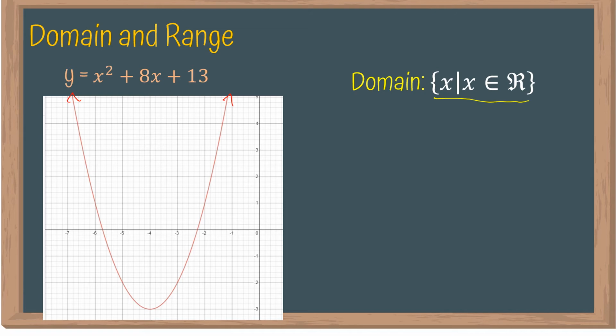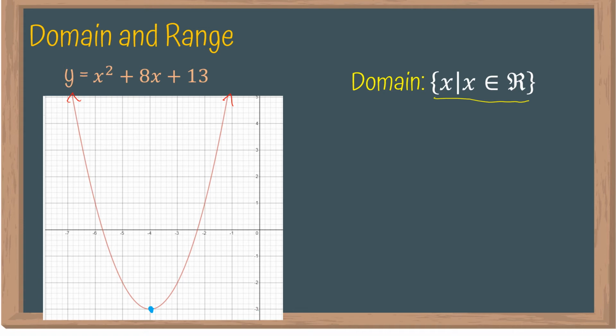Let's check it graphically. So with this one, this is a parabola that opens upward, and we can see that if the parabola opens upward, it will have a minimum point. So the minimum point is the turning point of the parabola. So we can say that this turning point, ito na yung lowest possible value na pwedeng magkaroon ang ating function. So check natin, which y value does it correspond to?